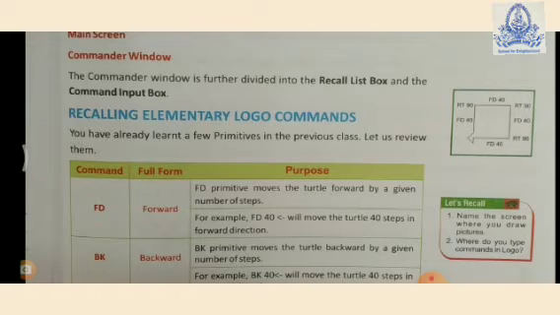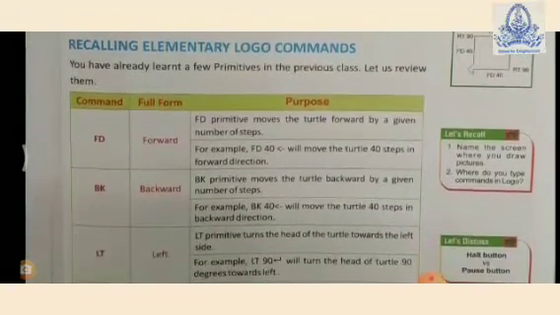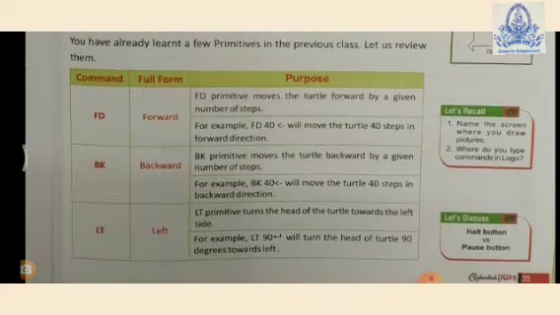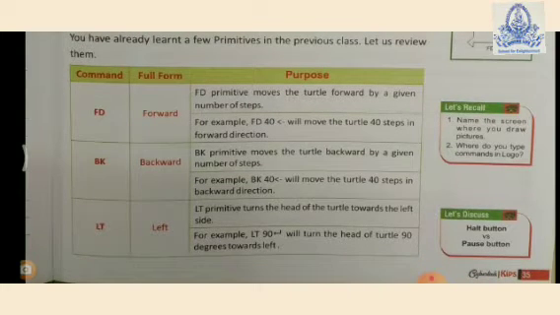Next, recalling elements of Logo commands. You have already learnt a few primitives in the previous class. Let us review them. Some commands are there. Commands are FD, nothing but the full form forward, BK, that is backward, LT means left.